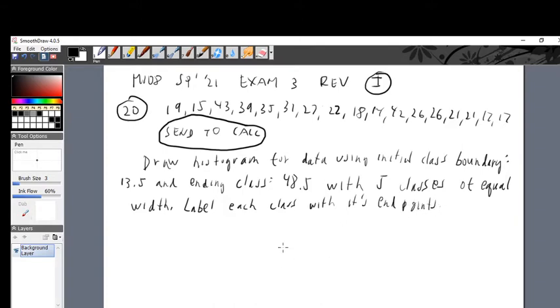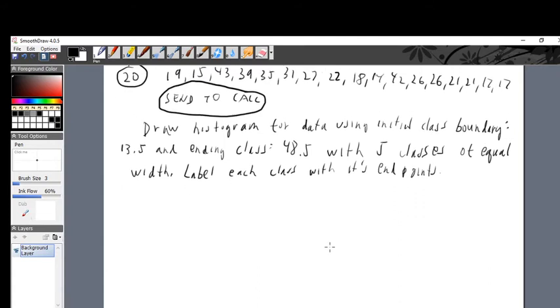Okay, so let me move this up. And they give you some sort of picture like this with the frequency. And there's a bottom line over here, the x-axis.